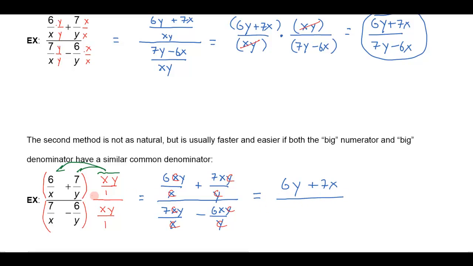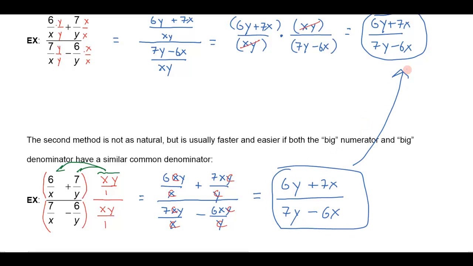Right here, when you distribute, this x and this x cancel, so you're left with 7y. Same thing I got here, minus the y's would cancel. I'll get minus 6x. Okay? And notice then that if you can do this step in your head, you get exactly the same answer that we got up here, and it's usually faster and easier. Okay?